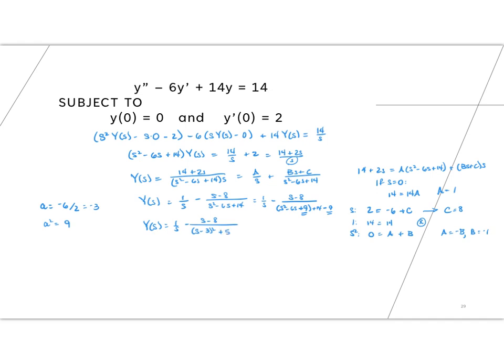Okay. a is equal to negative 3, and b is equal to the square root of 5. All right. Now, if you match these forms, the s minus 8 is sort of a complicating thing because there are two different things, one for the sine and one for the cosine.